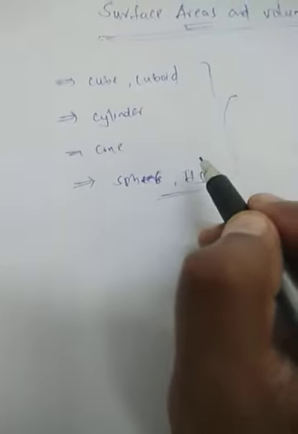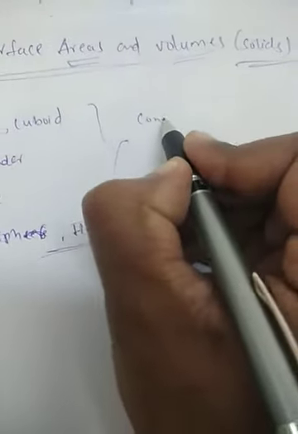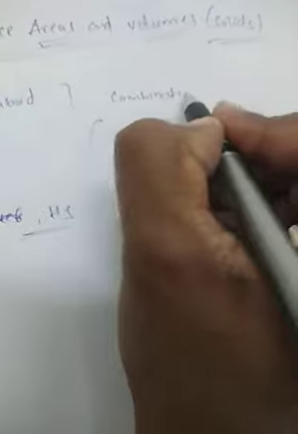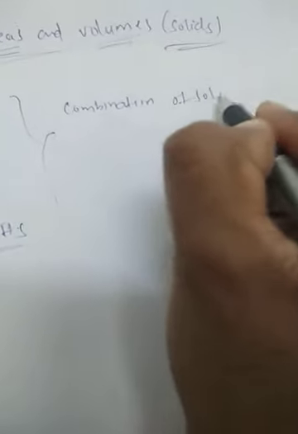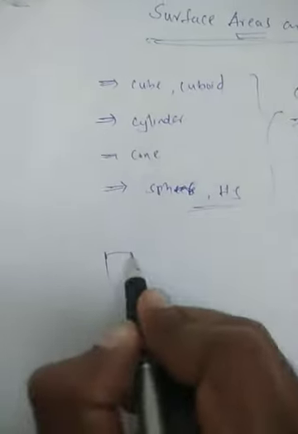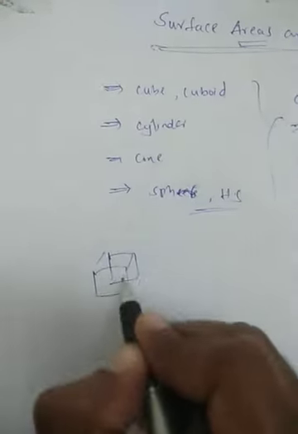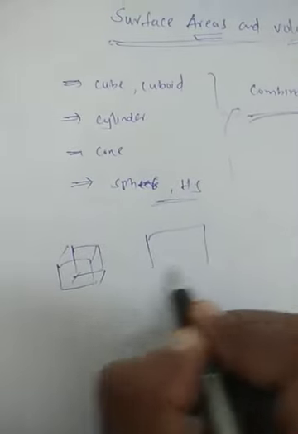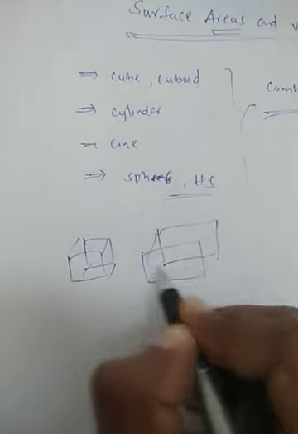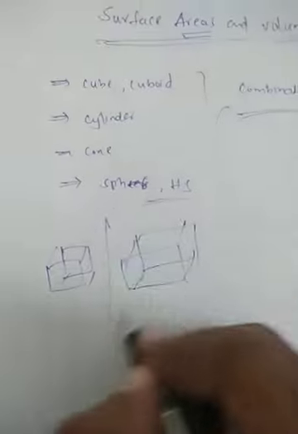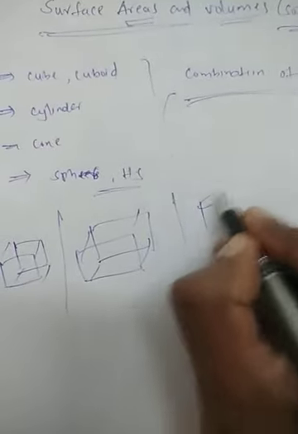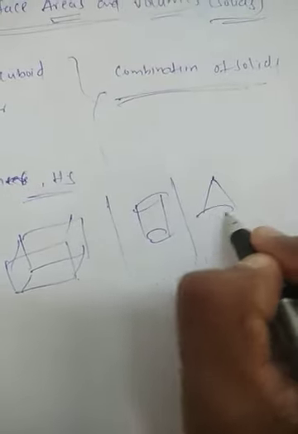So the major difference is that here we are going to discuss the combination of solids. That means combinations of these figures. First this is the cube, where all faces are equal, and this will be the cuboid, and this will be the cylinder, and this will be the cone, and next one will be the sphere.